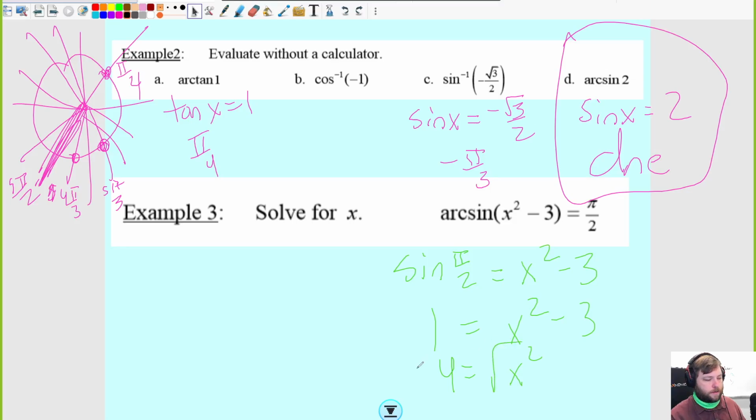Square root both sides. x is equal to plus or minus 2. Now, is it plus 2 or is it minus 2? The answer is it doesn't matter. It's both. We're doing algebra in here.